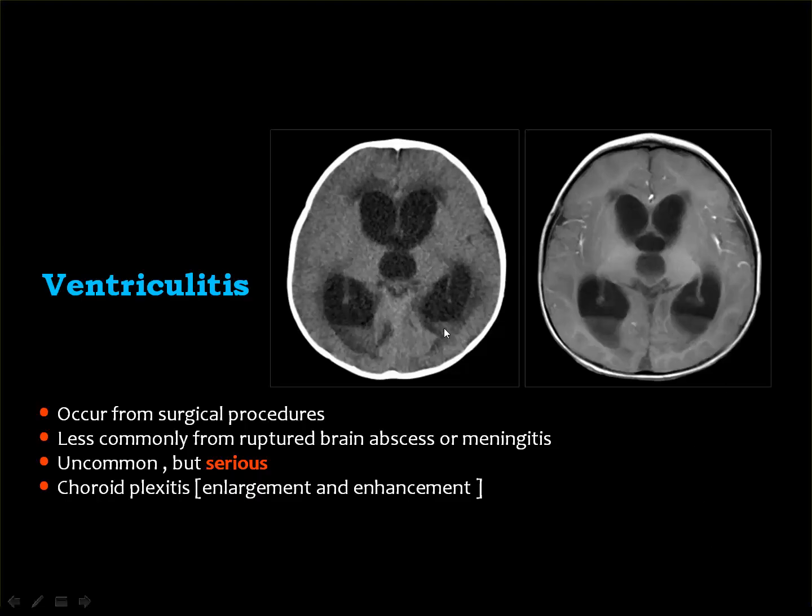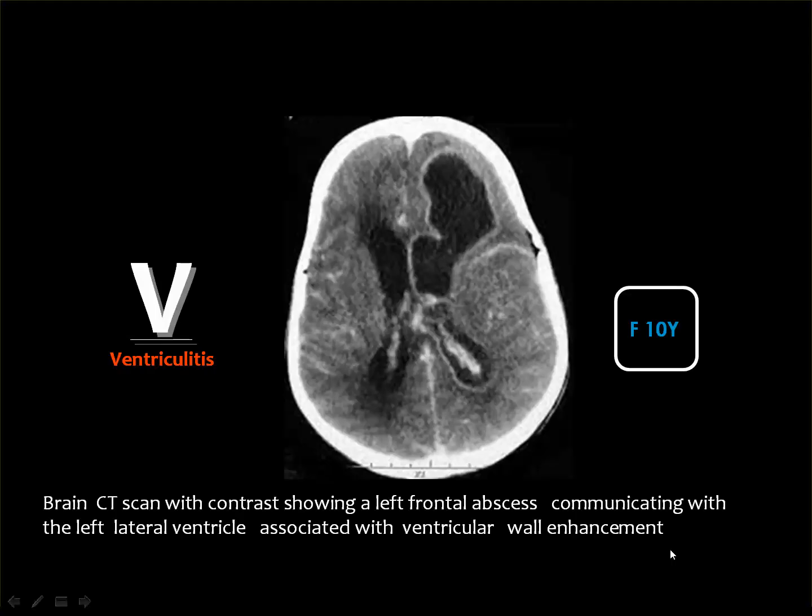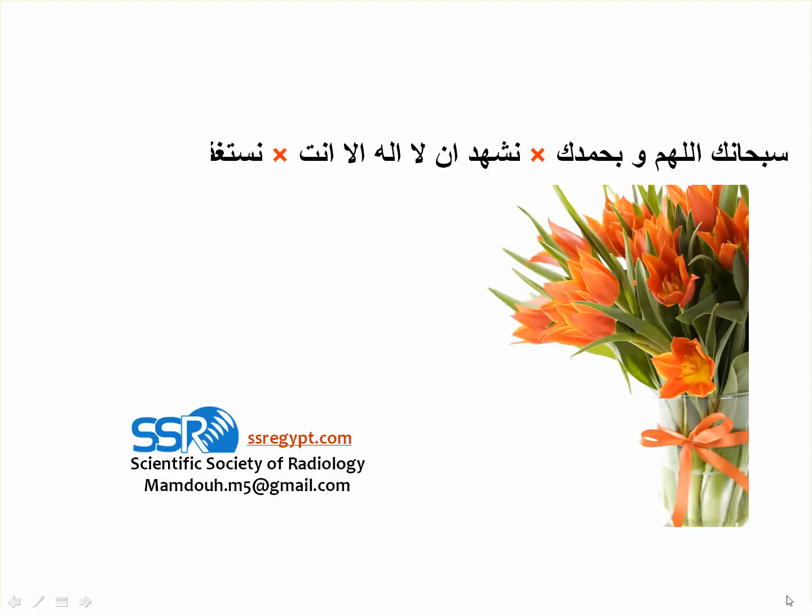The ventricles will contain pus or debris, and this debris will accumulate in the posterior part, forming fluid levels, as you can see. Then ventriculitis may be a complication of brain abscesses. If there is a brain abscess that has reached the ventricular wall and ruptured inside the ventricle, then the ventricle is inflamed, and you get enhancement of the ventricular wall, meaning that there is ventriculitis.